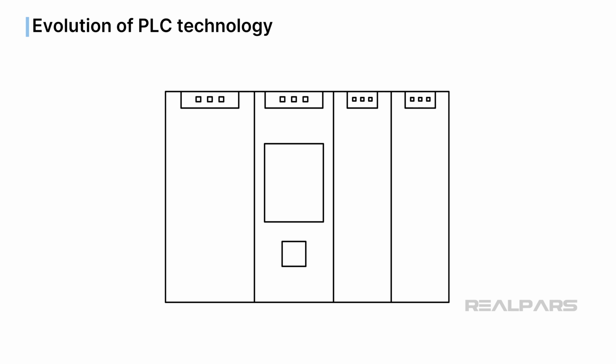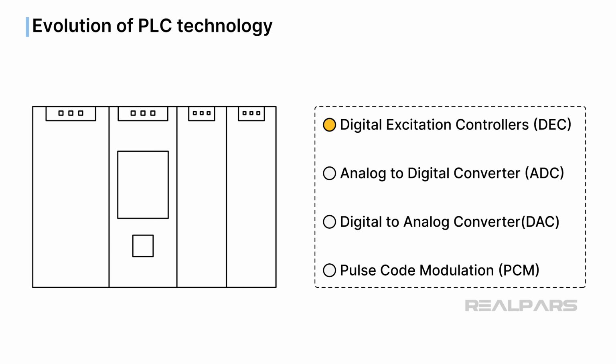Other advancements that made PLCs possible and advanced industrial communications and signal processing are digital excitation controllers, or DEC, and the ability to convert analog to digital and digital to analog at the chip level. Pulse code modulation, or PCM, allowed analog signals to be put into a binary form.